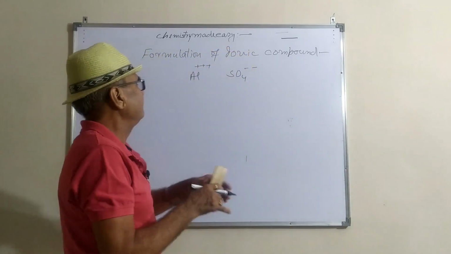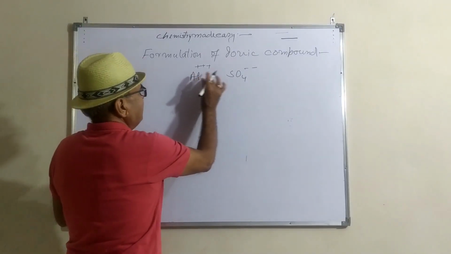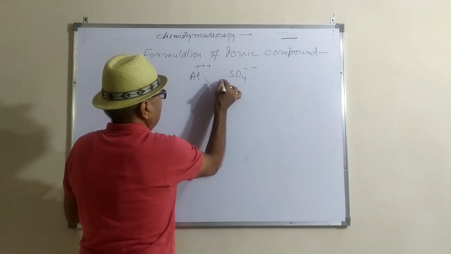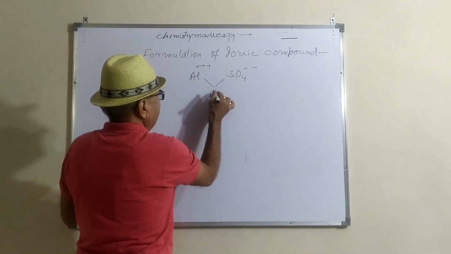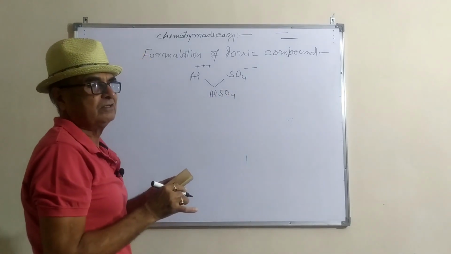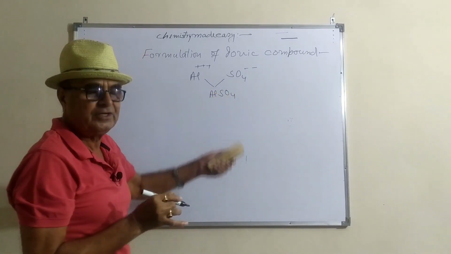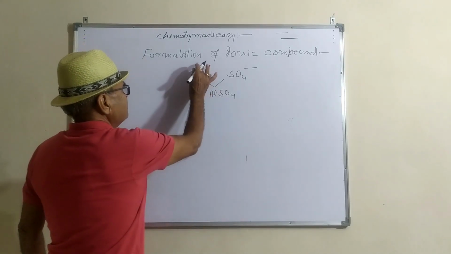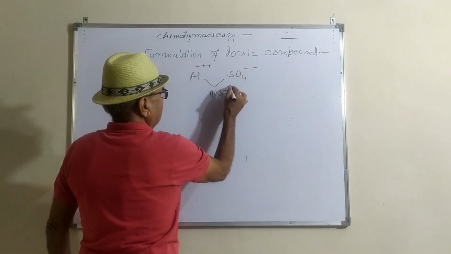So suppose Al will attract and both will combine to form AlSO4. Imagine, is AlSO4 neutral? No. 3 positive, 2 negative.